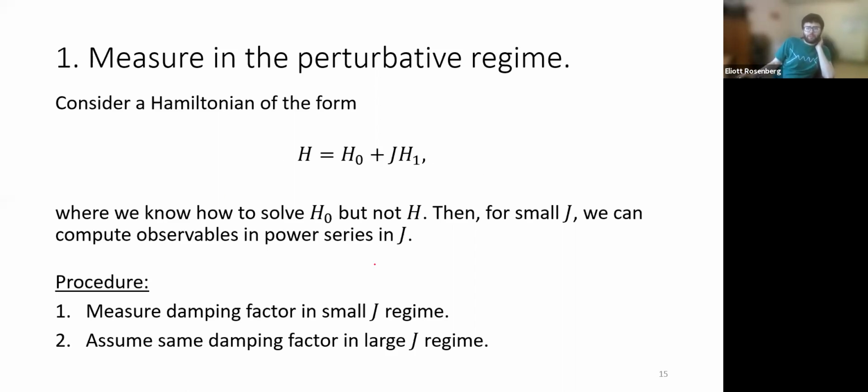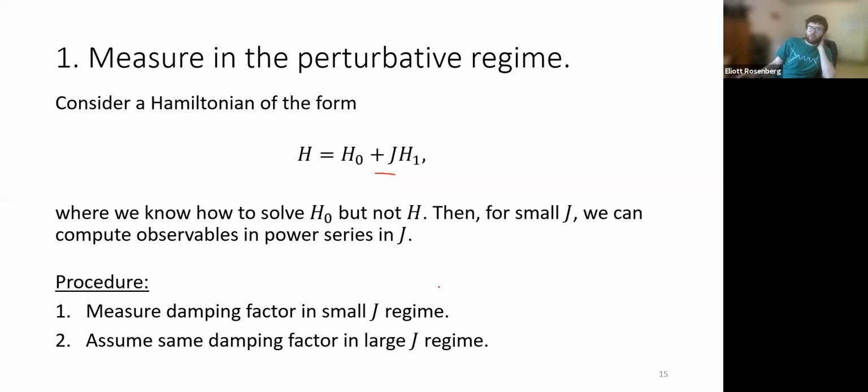And so the idea here is just use the perturbative regime to measure what this damping factor is. You know what the exact expectation value of your observable is from the perturbation theory, and you know what you get when you measure it on the quantum computer. You can divide those and get the damping factor. And then you assume that the damping factor is independent of this coupling J, which is an assumption.